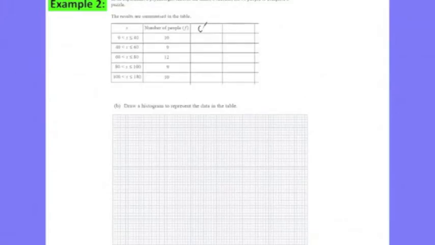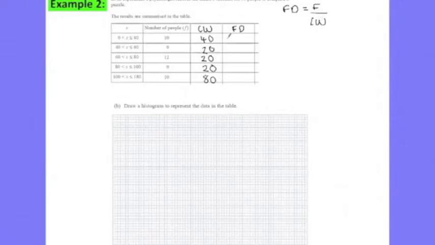First off, let's identify the class width. Between 0 and 40, we have 40. 40 to 60, 20, 20, 20 again, and here we have a class width of 80. Using this, we can find the frequency density. Remember, the frequency density is equal to the frequency divided by the class width.